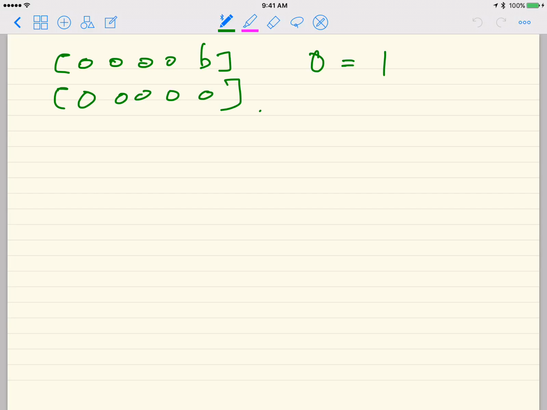Okay. So as we saw here, let me ask one question. Suppose we have 3 equations and 2 unknowns.